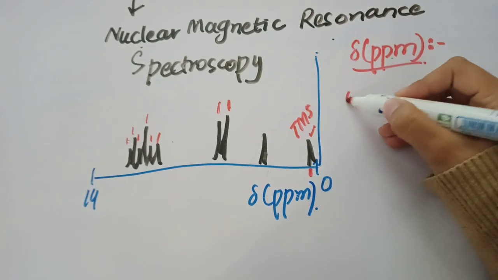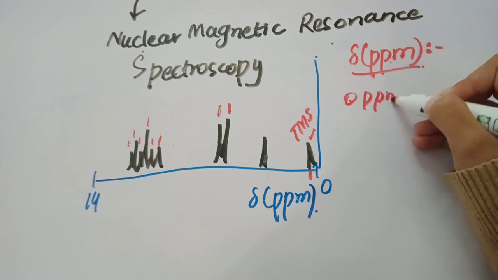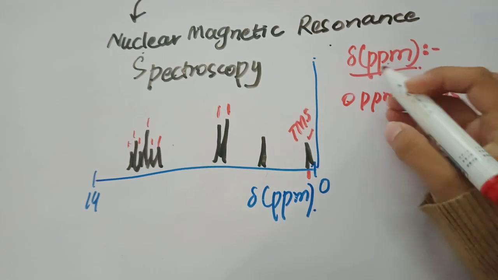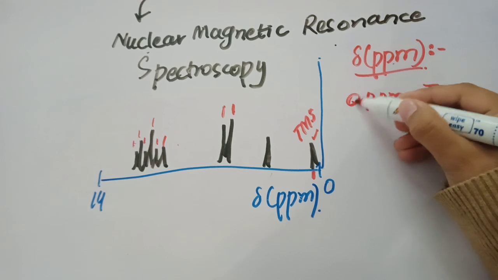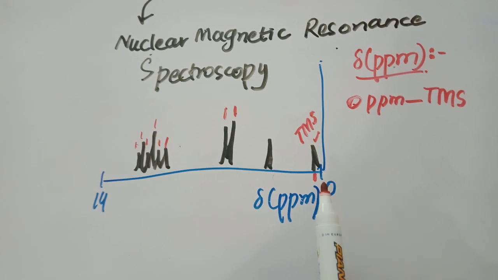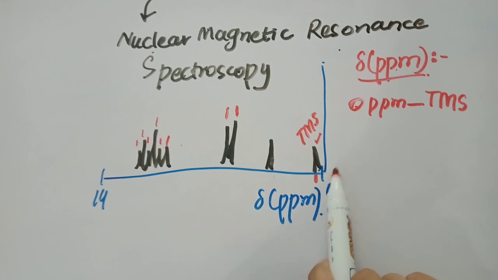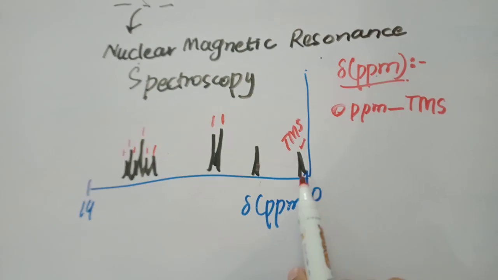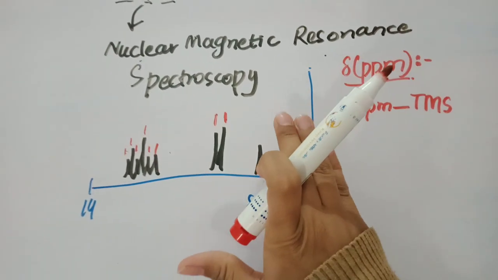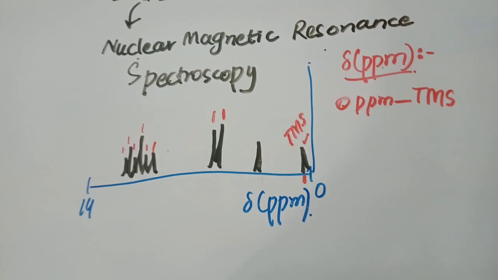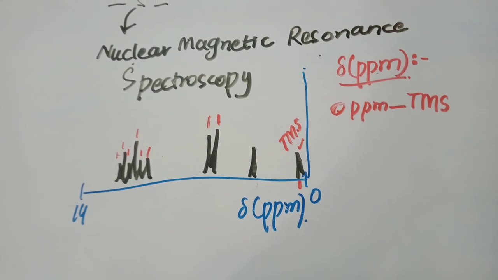So 0 ppm is of TMS. So you will not consider anything at 0 ppm. Whenever there is a peak at 0 ppm, you will neglect it as if it is not present here. I think the point is clear here.